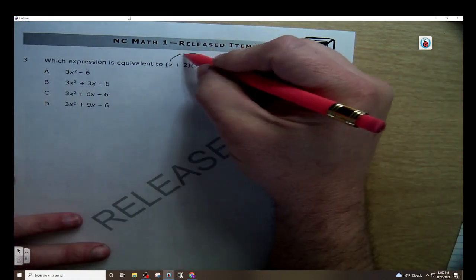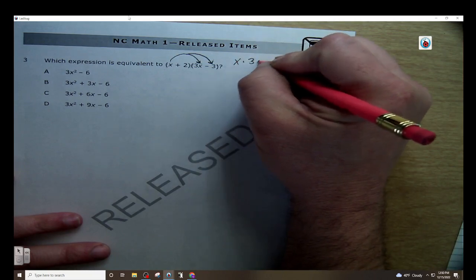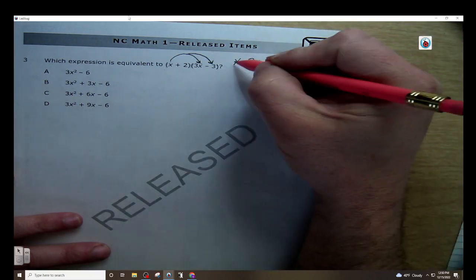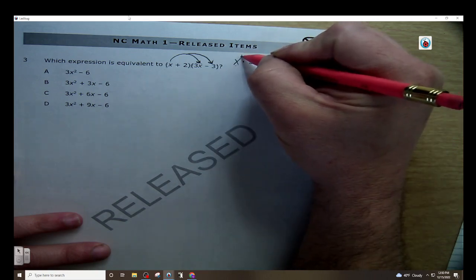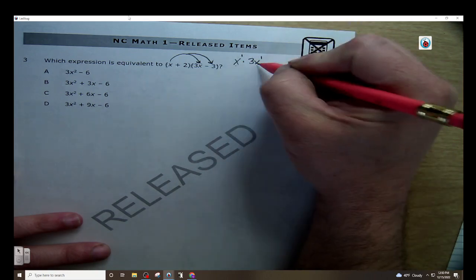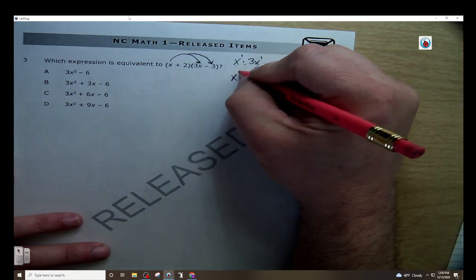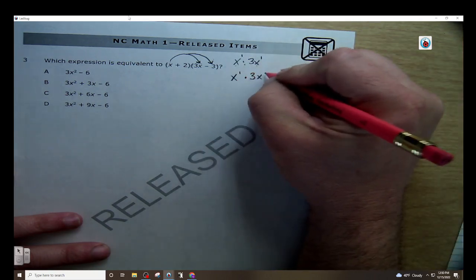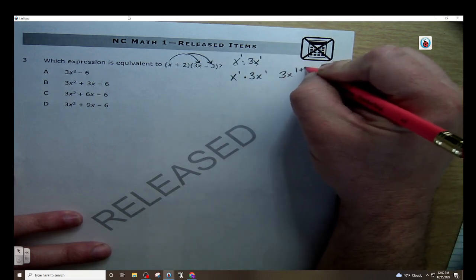Now, x times 3x. When I multiply like bases, I've got an x and an x, and I don't have an exponent. That's 1. If I multiply like bases, I add the exponents. That's x to the first times 3x to the first, which is 3x to the 1 plus 1.